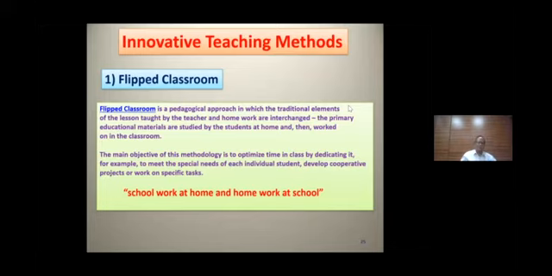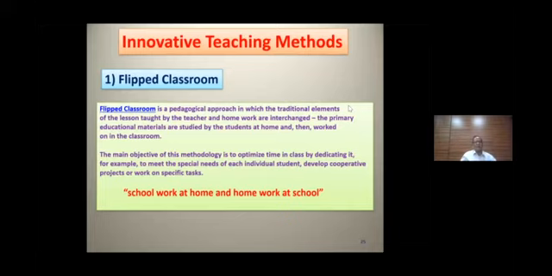Flipped classroom, the concept was actually demonstrated about 20 years back by a number of research scholars, and the method was discussed at various levels, but it is implemented in some universities, not in all places, because there are a lot of problems as far as teachers are concerned.